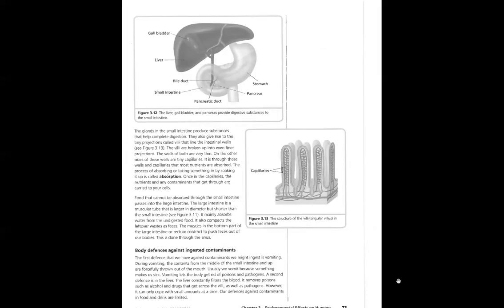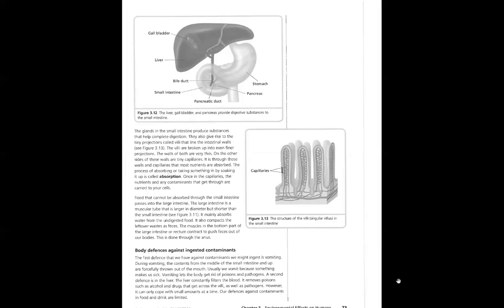And then once we get to the small intestine, the capillaries are wrapped around the villi. Those are the small projections in the small intestine, and absorption of the good stuff in the food, the nutrients that come out of the food, are taken into those villi.